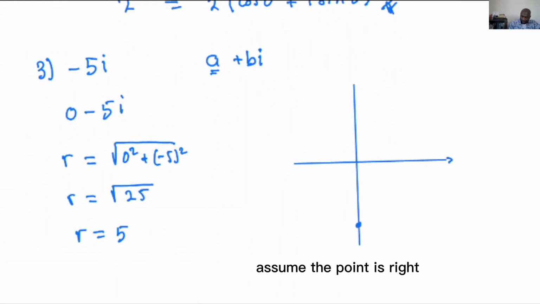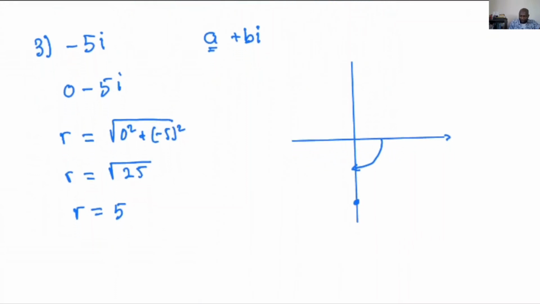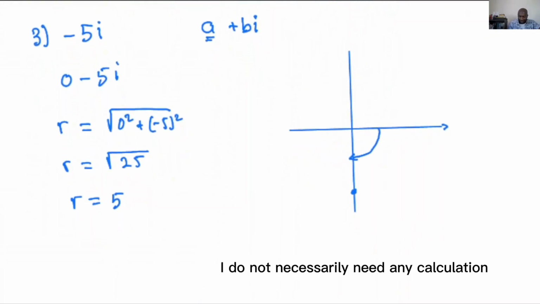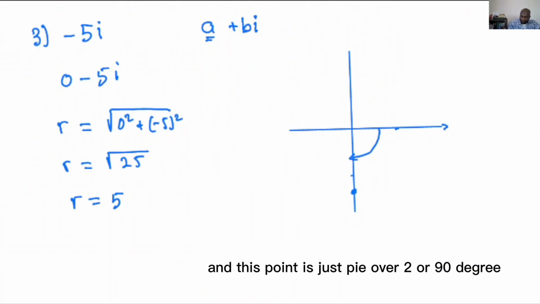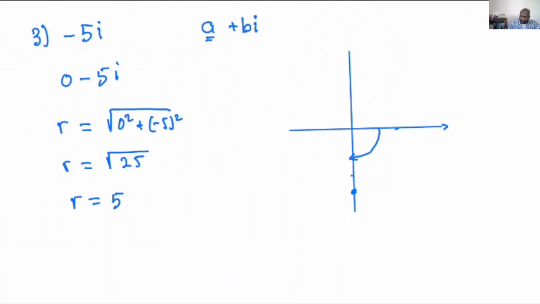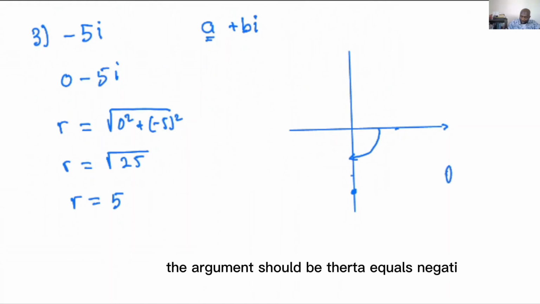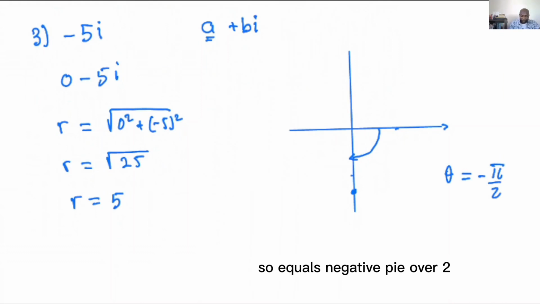Let's assume the point is right here. So our rotation should be clockwise right here. Here I do not necessarily need any calculation, because I can see that the angle between this point and this point is just pi over 2, or 90 degrees. Since we are going clockwise, the argument should be theta equals negative pi over 2.